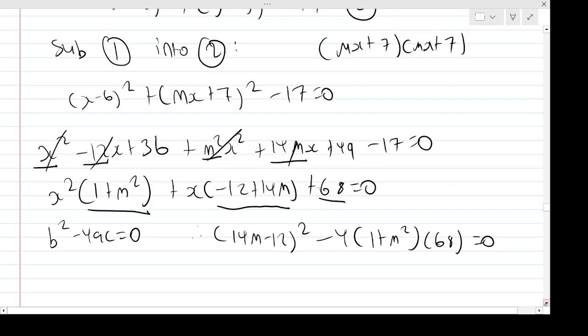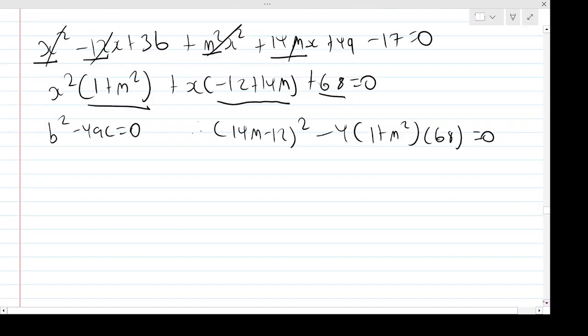So then I need to expand these brackets. Firstly, 14m times 14m would be, well, what's 14 squared? 196m squared. Then 14m times minus 12 gets me minus 168m, so that's another minus 168, so that would be minus 336m. Then minus 12 times minus 12 is plus 144.